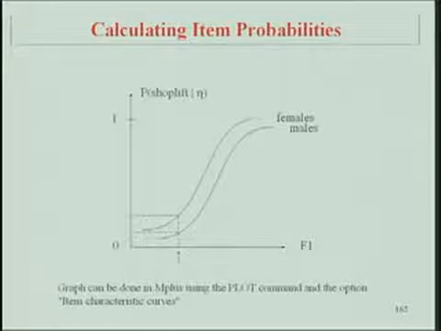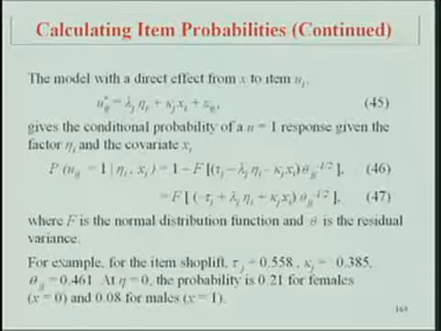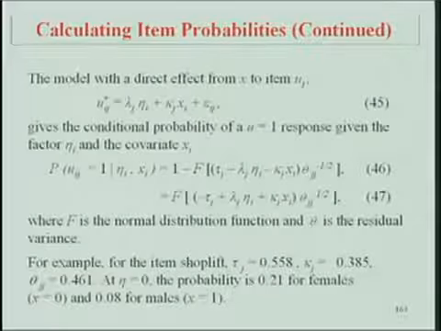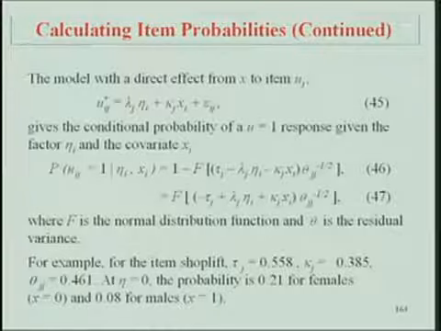This graph can be done in Mplus using the plot command and the option item characteristic curves, where you can condition on a covariate to get two plots and show the item bias directly. Here we have shown how to do that in utter detail, just to show you that there's nothing magic going on here.